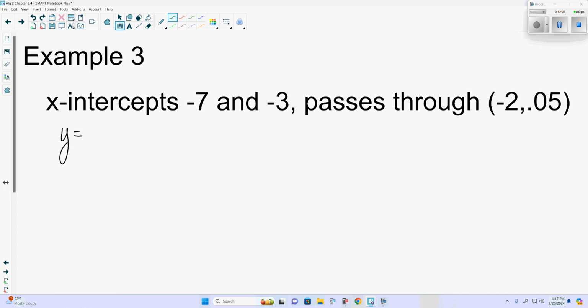So y equals a times x minus p times x minus q, where p and q are the x-intercepts. So what are our x-intercepts?